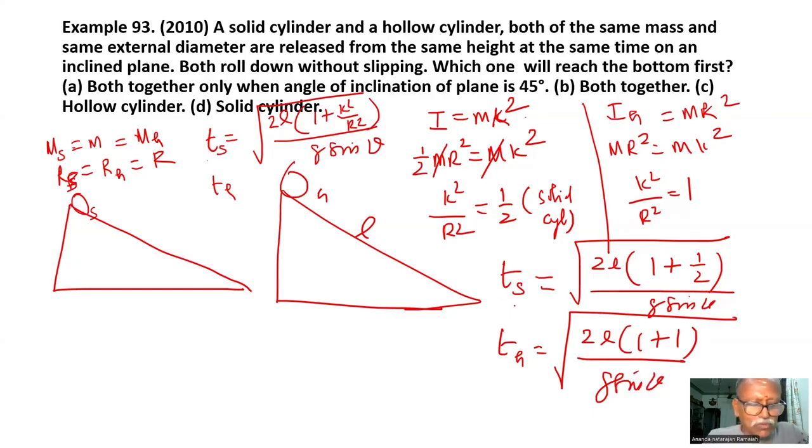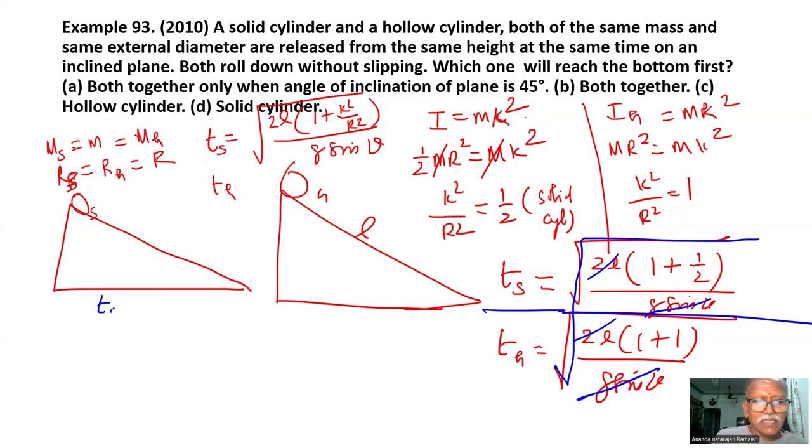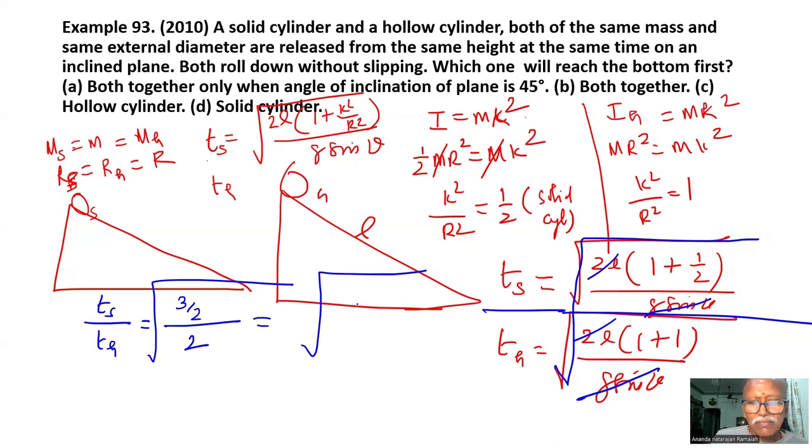If we divide these two, 2L gets cancelled and g sin theta gets cancelled. So Ts divided by Th equals square root of 1 plus 1 by 2, which is 3 by 2, divided by 1 plus 1, which is 2. Bringing the 2 down, we get 3 by 4.